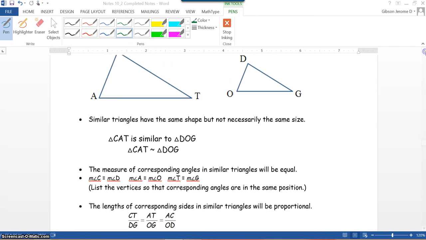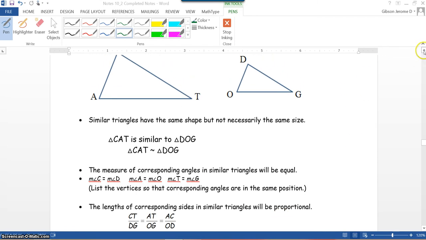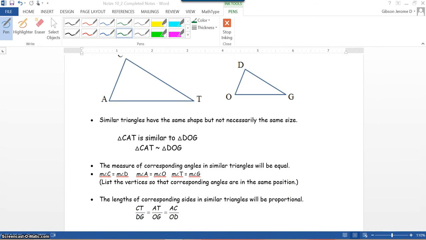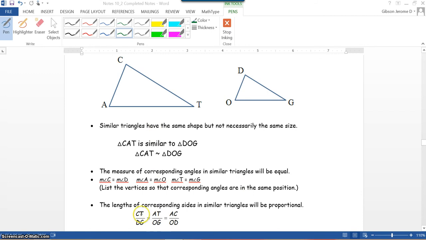Now if you look here, we have CT over DG. Let me see if I can make this even smaller. Okay, here we go. Now we have CT over DG, AT over OG, and AC over OD, and they're proportional.